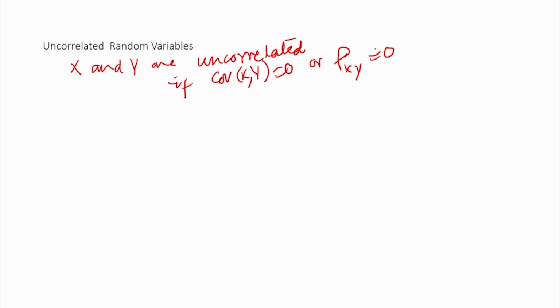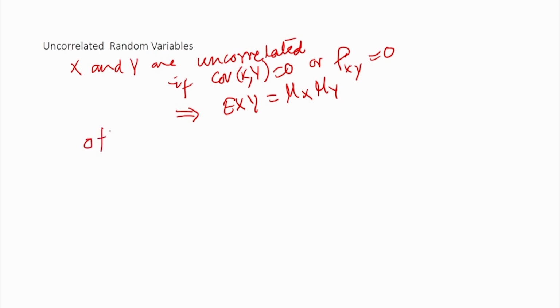The correlation coefficient being 0 implies that E of XY is equal to mu_X into mu_Y. This is the relationship for X and Y to be uncorrelated. So, X and Y are uncorrelated if the covariance of XY is equal to 0, equivalently E of XY is equal to mu_X into mu_Y.